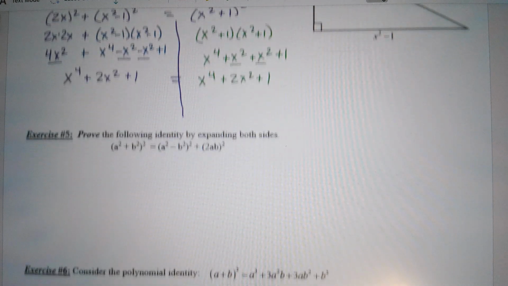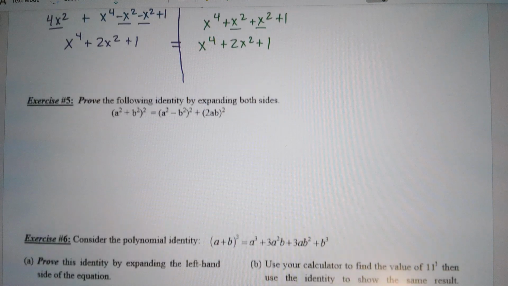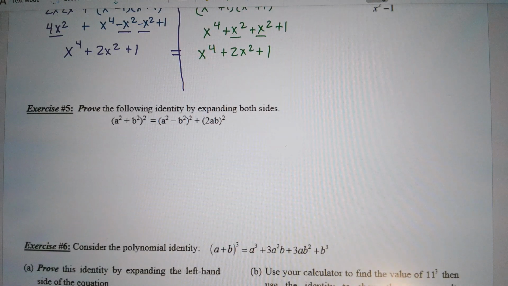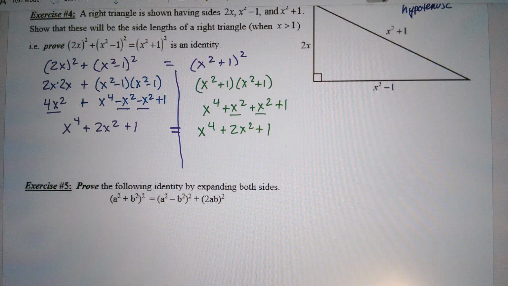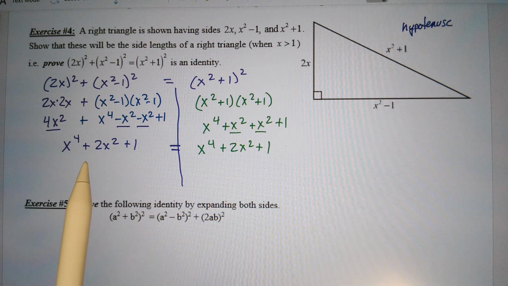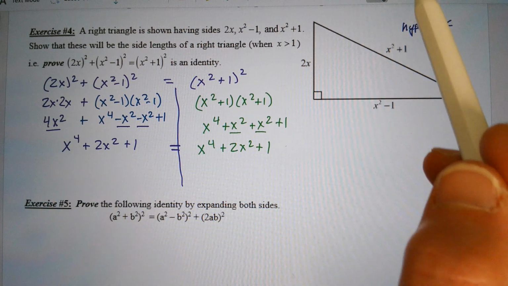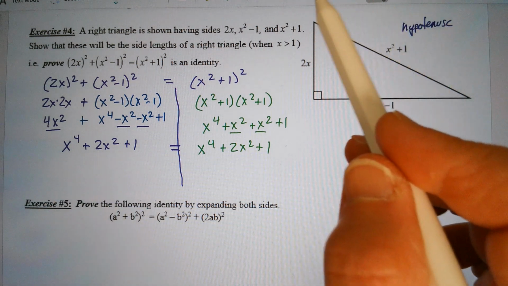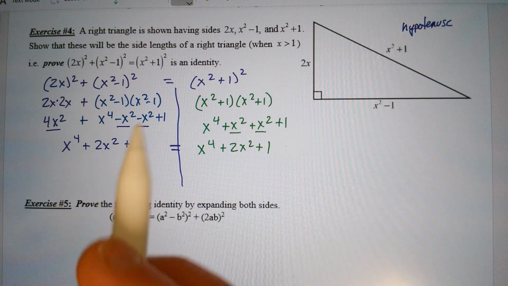Exercise number 5: prove the following identity by expanding both sides. Let me just go back up. If I wanted to just work on one side in exercise number 4, once I got to this point here, I could have factored.